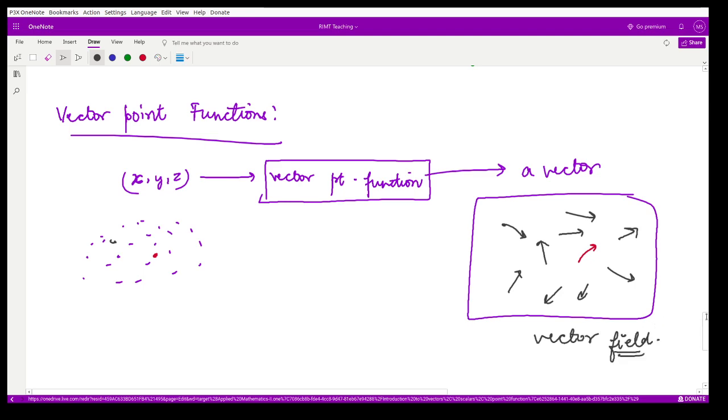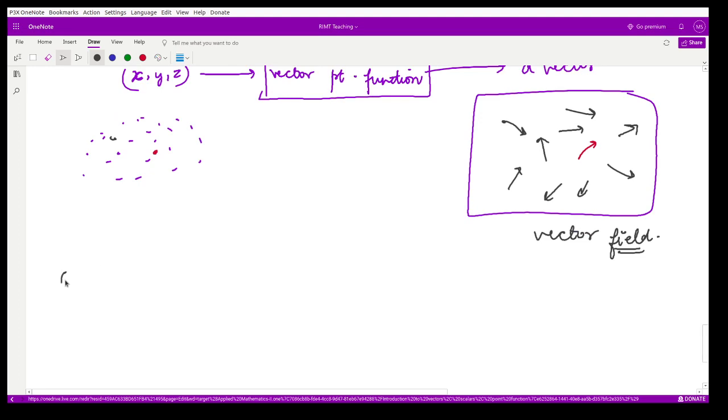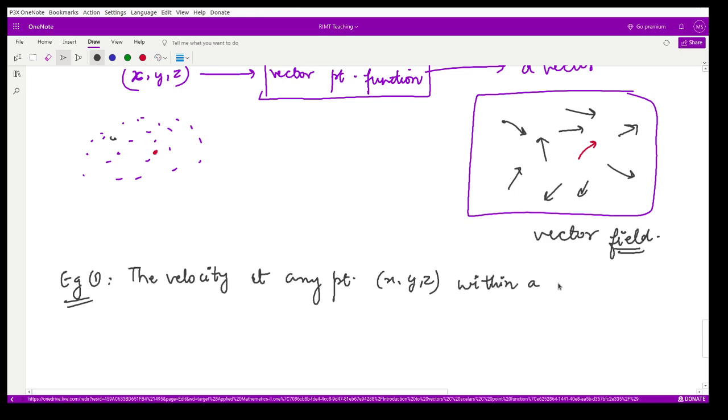For an example, suppose we are talking about the velocity at any point x, y, z within a moving fluid. Now fluid, because it is moving with certain magnitude and it has also some direction, this is a vector quantity.